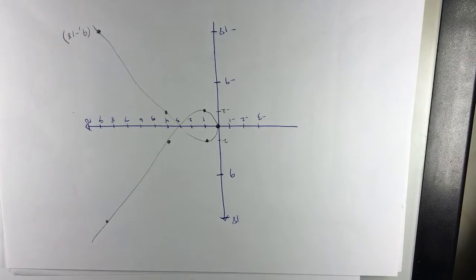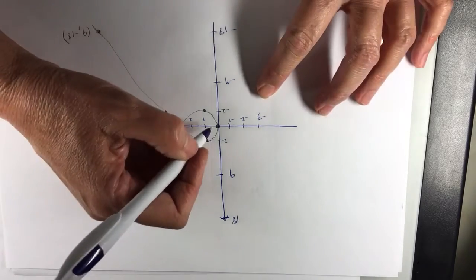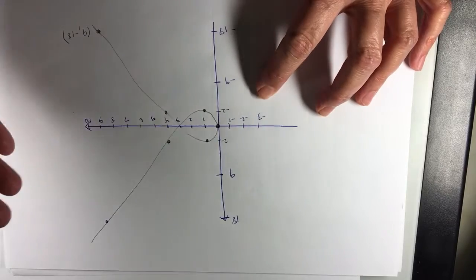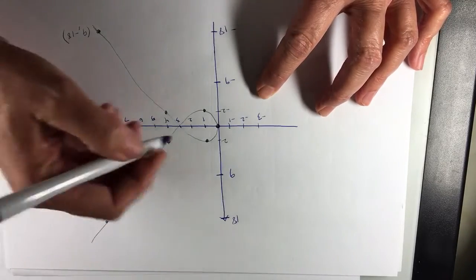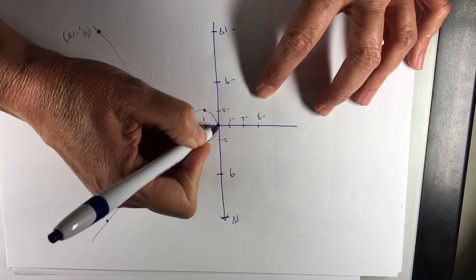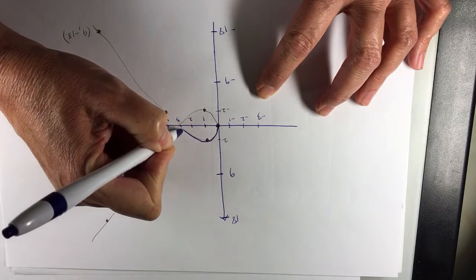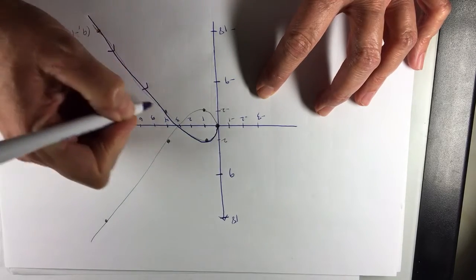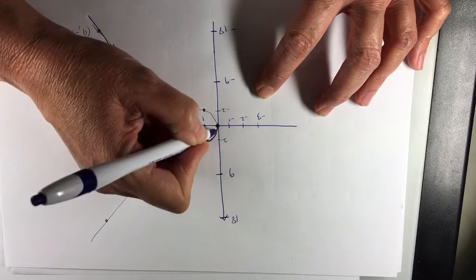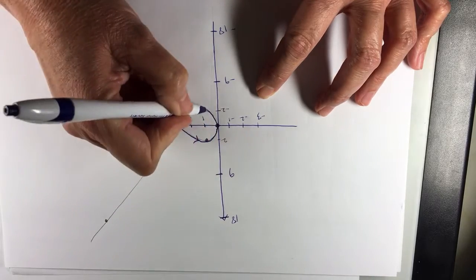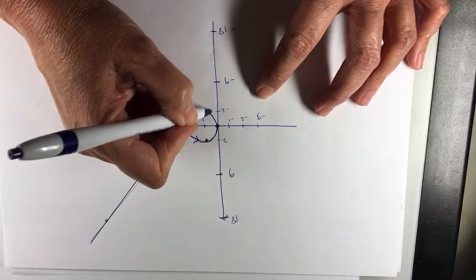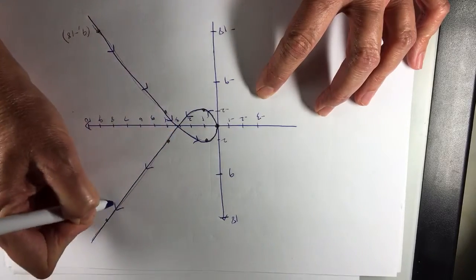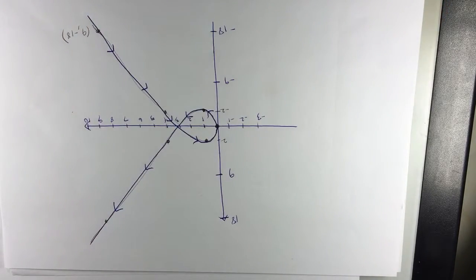I did it kind of light with my pencil because I want to go back over it in ink. I wanted to draw it the way t goes, but it's easier maybe to come through it like this. But I have to remember the direction. So the graph looks something like that.